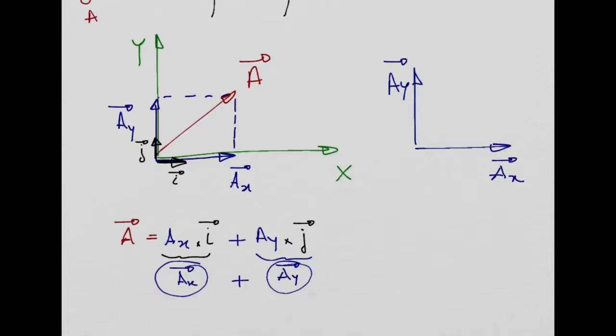So I'm going to do it graphically. I'm going to do the opposite way, drawing parallel lines to this and to this, and then I just connect this point to this point, and this gives me my A vector. We call this the parallelogram rule, to add vectors graphically, right?